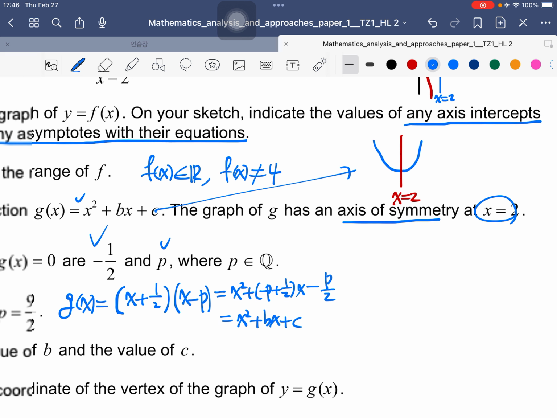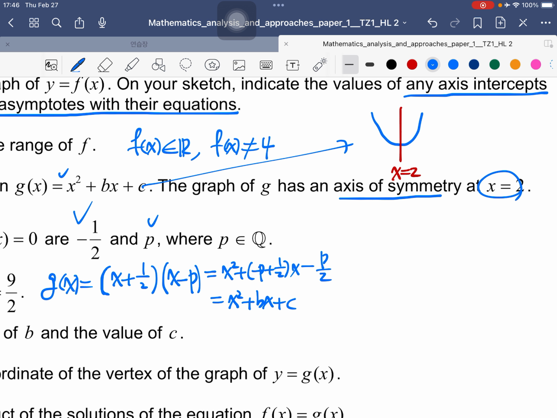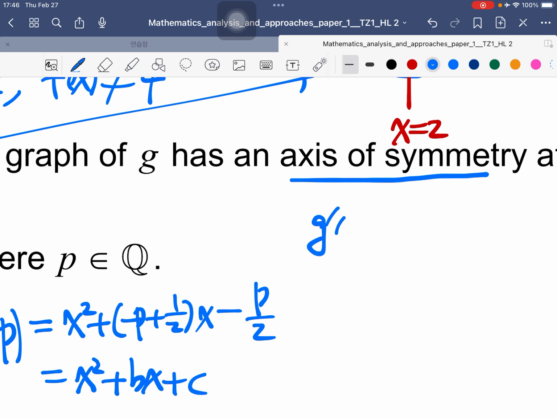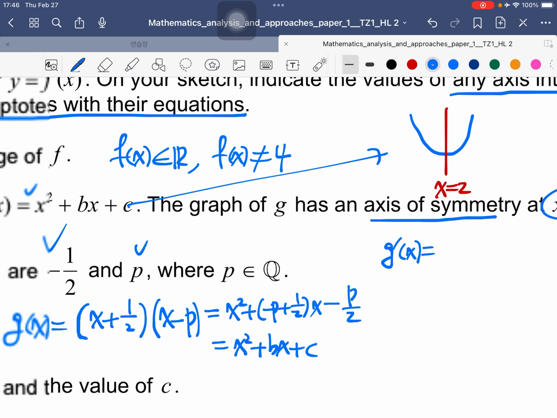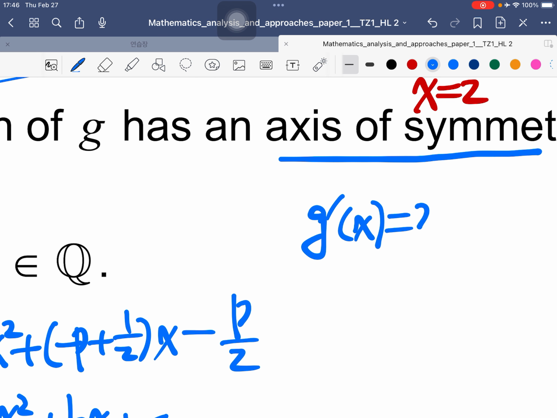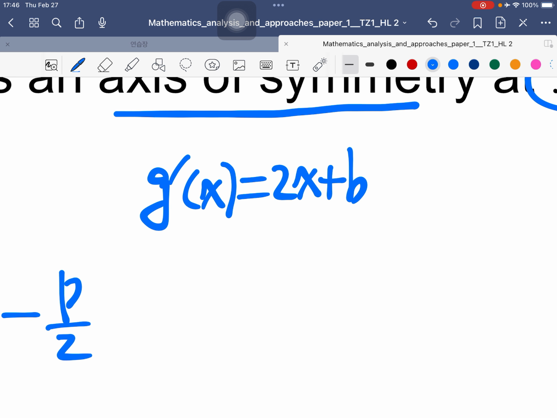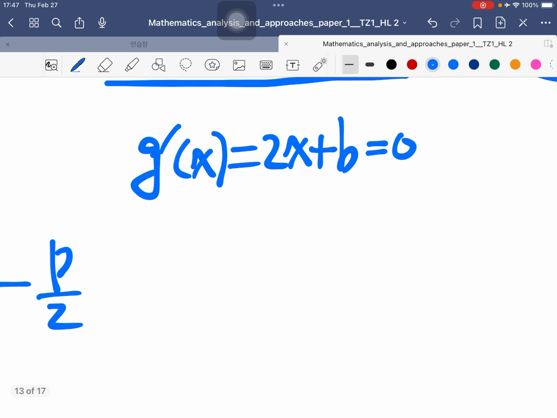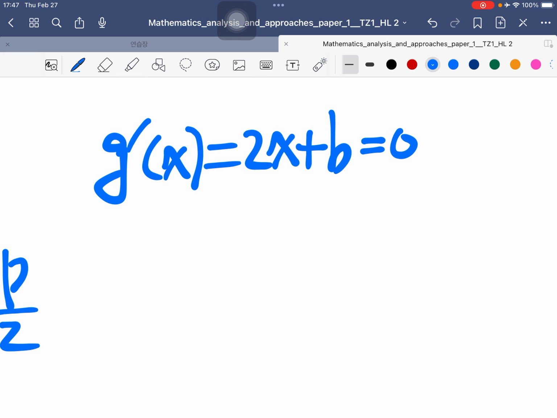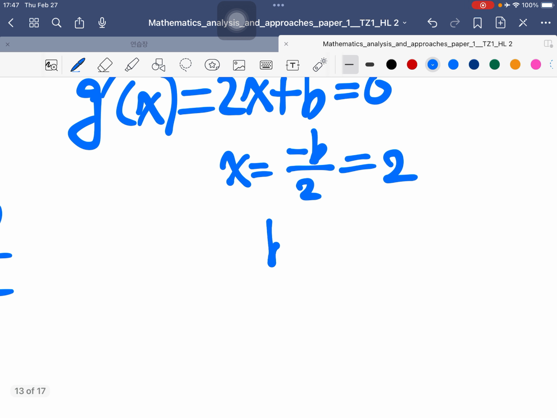So the axis of symmetry happens when the gradient becomes 0. So g prime of x equals 2x plus b. So when this one becomes 0, the x value will be the axis of symmetry. So x equals minus b over 2. This happens when x equals 2. So b must be -4.